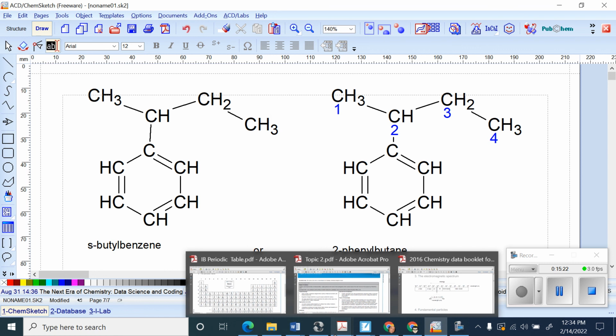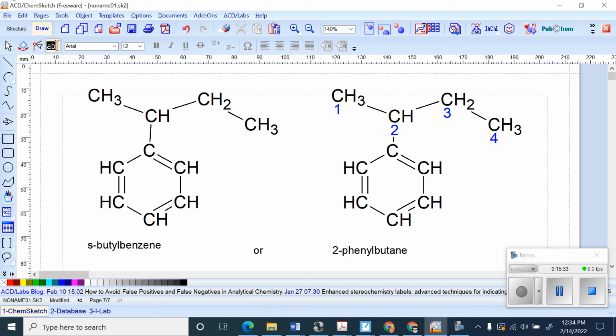So benzene as a side chain can be called phenyl. So that compound right there can be called S-butylbenzene or 2-phenylbutane.